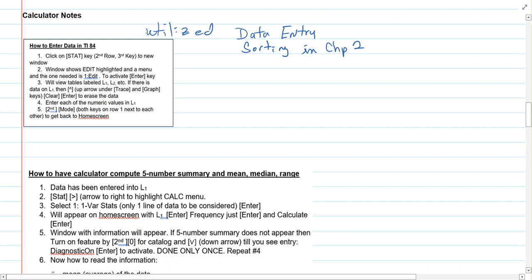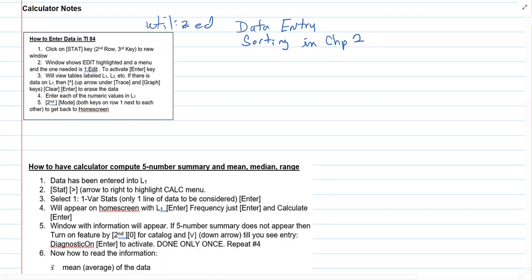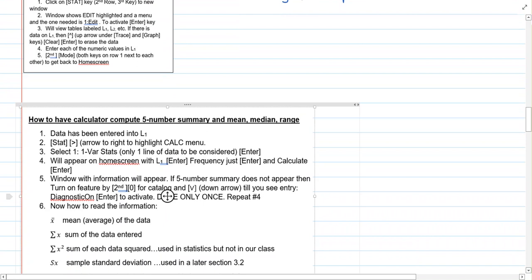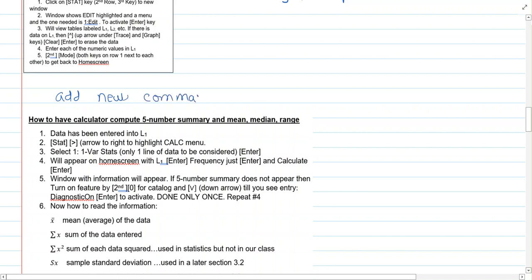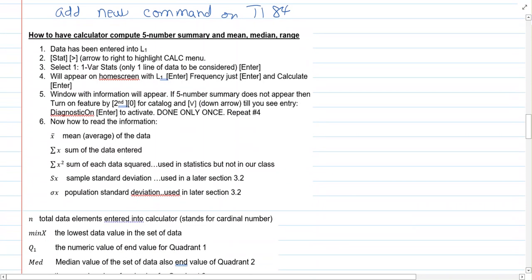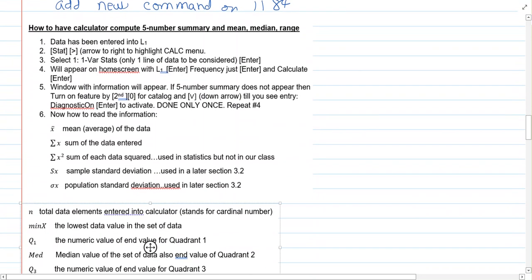But for purposes of lecture, you can take the picture with your phone and look back at those notes. And we're going to add new commands on our TI-84. All right, here we go. So how to calculate or compute the 5-number summary and the mean, median, and range.